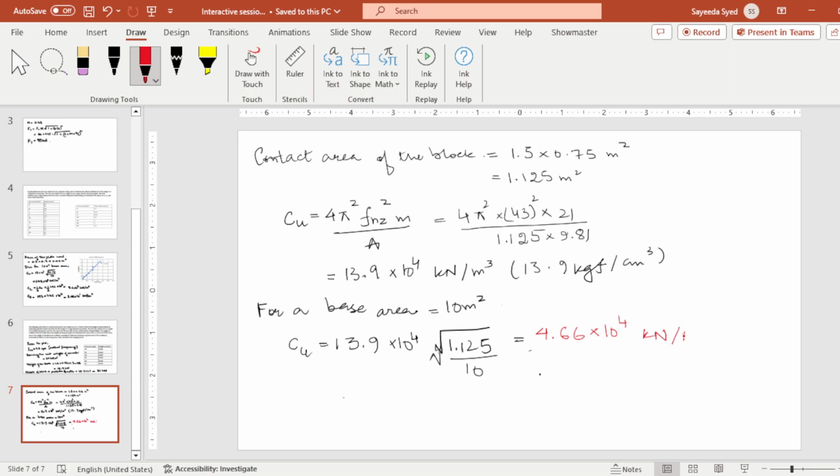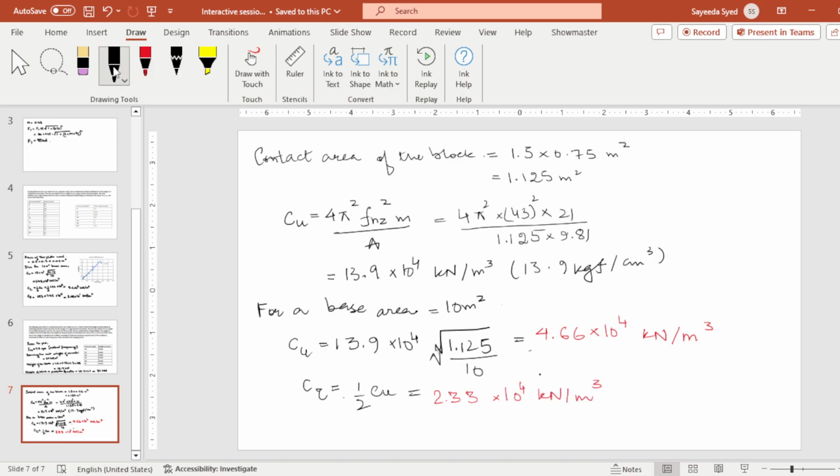And then from this Cu we can calculate C tau, which is equal to half of Cu, and this will come out to be 2.33 into 10 to power 4 kilonewton per meter cube.